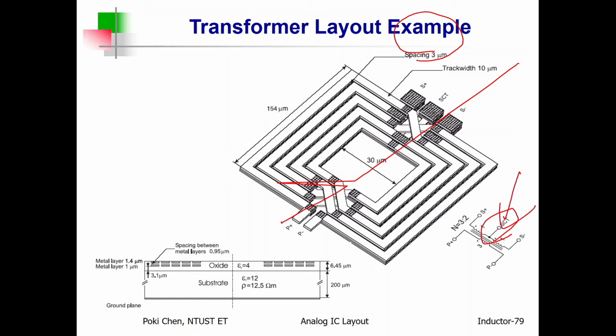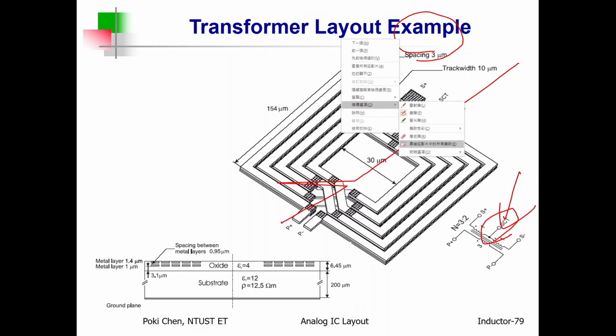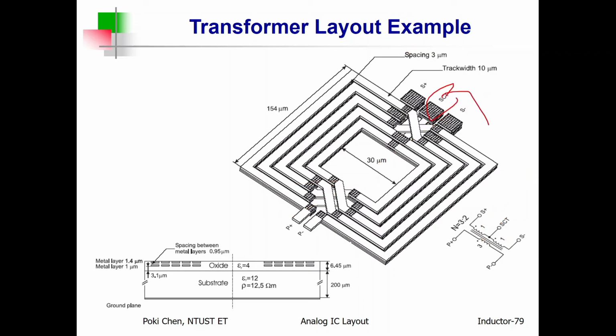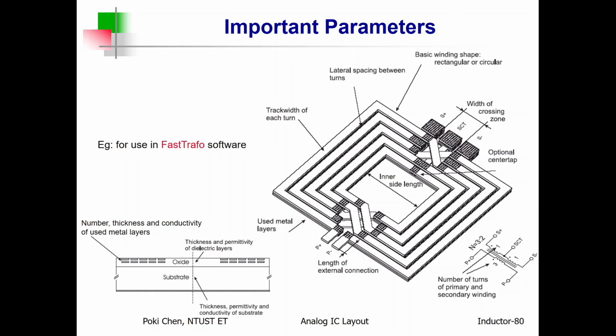Okay, here, in the middle, that is for the center-tapped port. Anyway, this is a cross-sectional view for their simulation. They are so talented at this kind of transformer simulation.